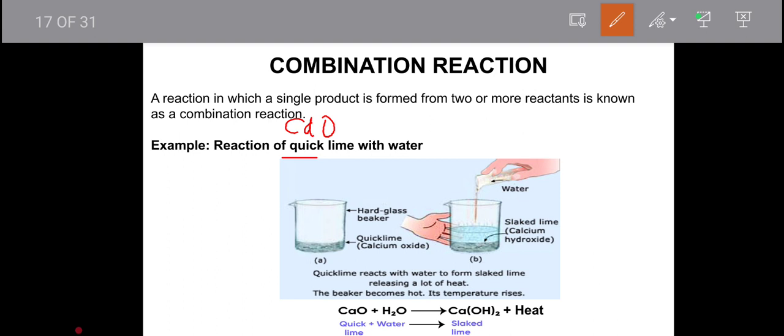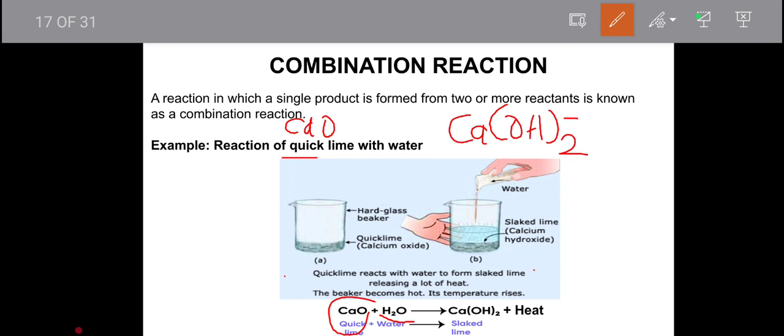Now we are going to describe it chemically, that is what is happening and what is the chemical product which is formed. So calcium oxide, when it is reacted with water, H2O, it will be producing calcium hydroxide, that is Ca(OH)2. This is calcium hydroxide.